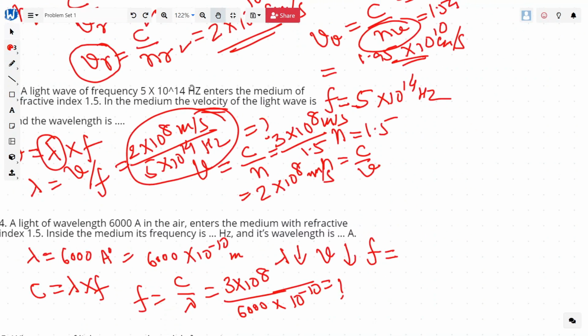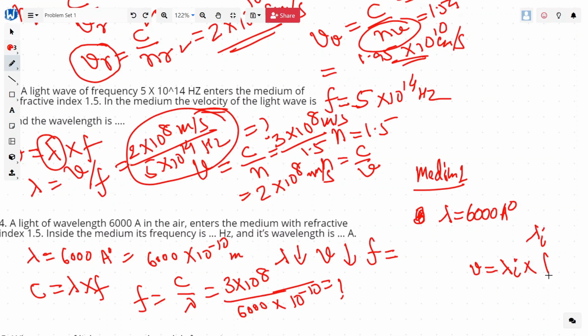So very simply, let's solve for the medium one. The velocity we know, the frequency we know, and lambda we already know here, which is 6,000 Angstrom, and we have to find lambda in the other medium, right? So in the other medium, we write the equation like this. The velocity in the other medium is going to be equal to lambda prime into the frequency.